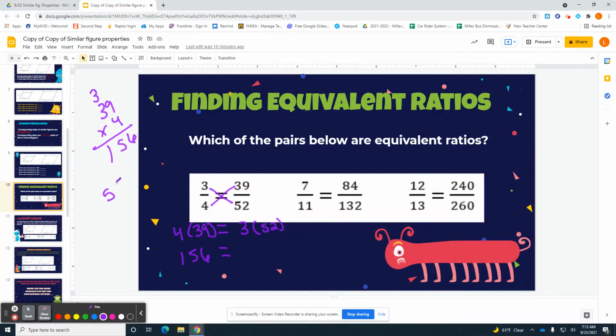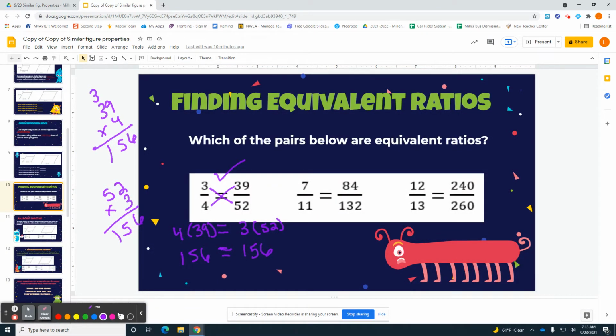So 52 times 3. 3 times 2 is 6. And 3 times 5 is 15. Sorry, I was getting ahead of myself. So that gave us 156. Did we get the same for each? Yes. So that means they are equivalent ratios. So this one checks out.